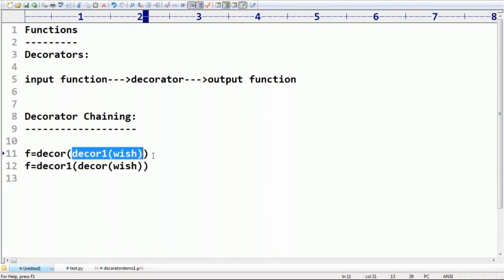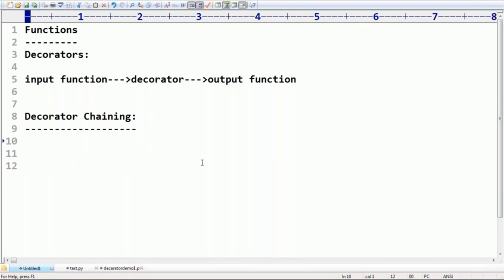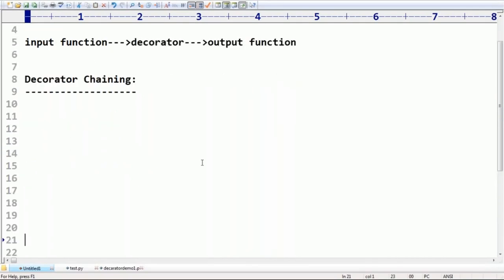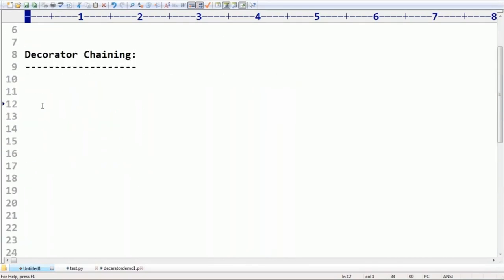Which function will become the argument to decor1? That output, the returned function, will become the argument to decor. Something like that is going to happen. How things are executed, I will analyze, and then come up with clear conclusions. Not recommended to discuss much now. Let me do some R&D and then I will come back with that.